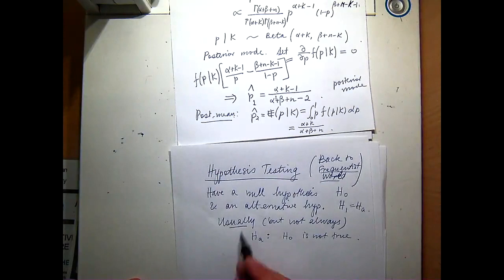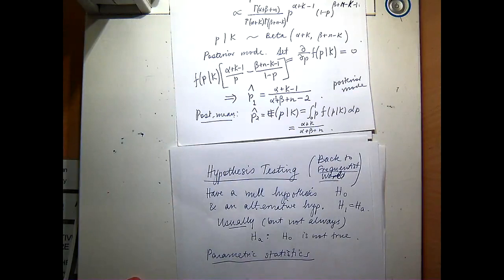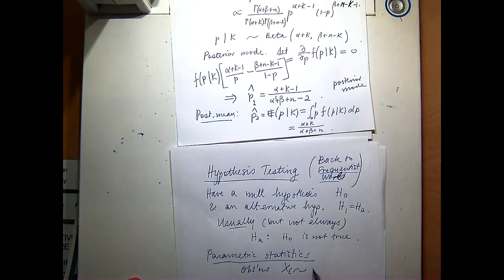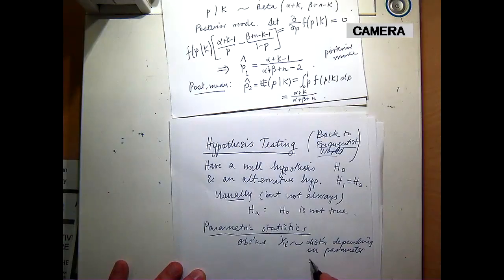And the reason is, we're talking about parametric statistics, of course. There are non-parametric versions, but we're focusing on the parametric case, in which the observations, whether they're IID or not (usually they're IID, but even if they're not), follow some distribution depending on a parameter or parameters.